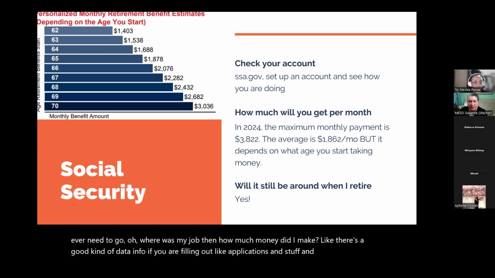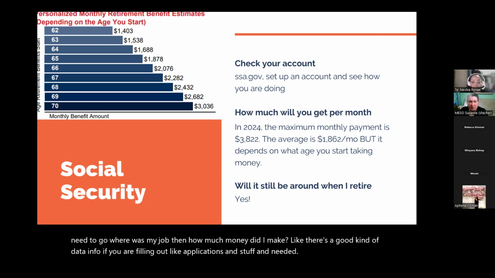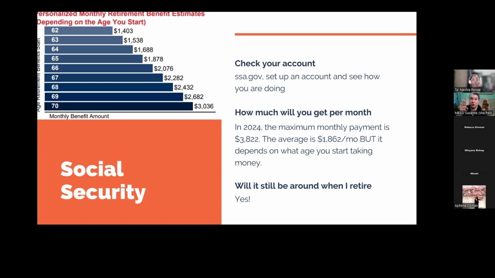And there is one other thing. If you are married, you both get Social Security. If you have worked, you have to work like 10 years in order to be eligible. But you will both get Social Security every single month. If one of the spouses passes away, you only get the Social Security of the higher paid person.